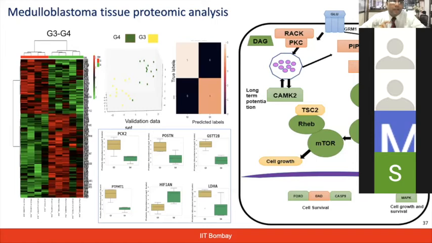Based on his identified markers, we obtained data from the Broad Institute. They are also working on medulloblastoma. What is shown is the independent test done on the Caucasian population from a US data set, where Anurag was able to very efficiently distinguish which patients are group 3 and which are group 4, with only one misclassification, which was very promising because this was done independently without knowing which ones are which.